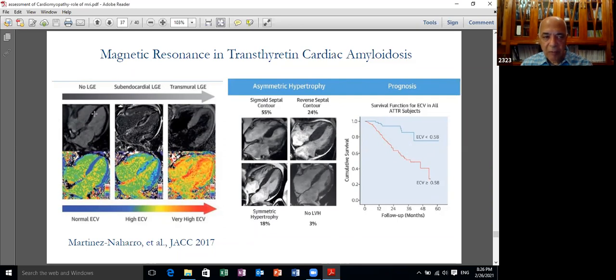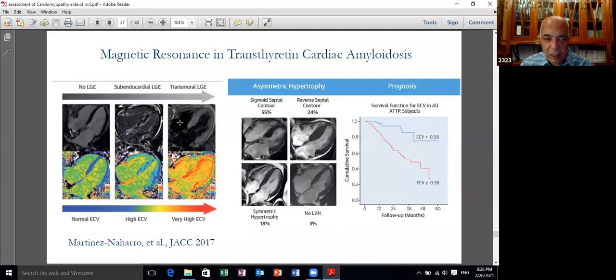So as you know here, with a little or normal finding, without interstitial infiltration, through slightly higher and much higher. The interstitial fibrosis or the interstitial infiltration obviously increases the extracellular volume fraction.